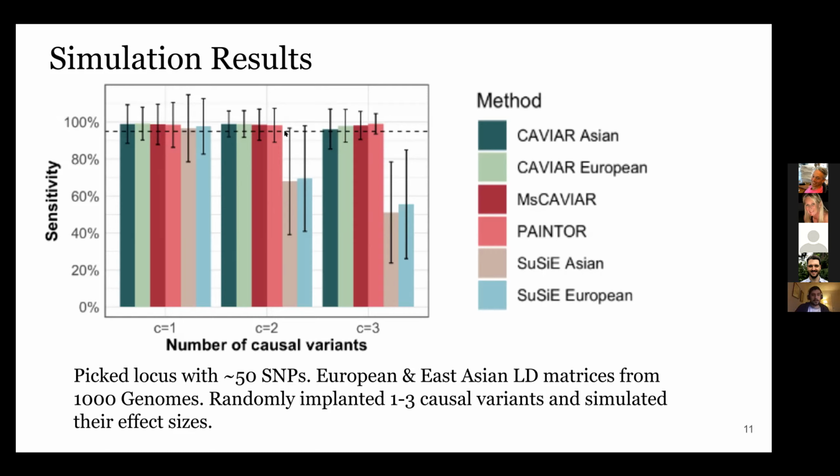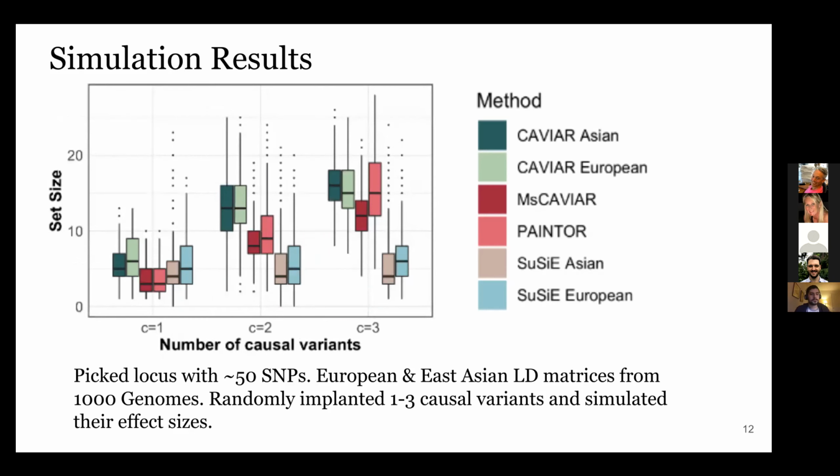But apart from that, all the methods you can see are well calibrated, which is what they're made to do. But where the transethnic information comes in helpful is in again improving fine mapping resolution, so returning fewer of these non-causal SNPs, because conditioned on your method being well calibrated, you want to return as few SNPs as possible, so less costly functional validation has to be done.